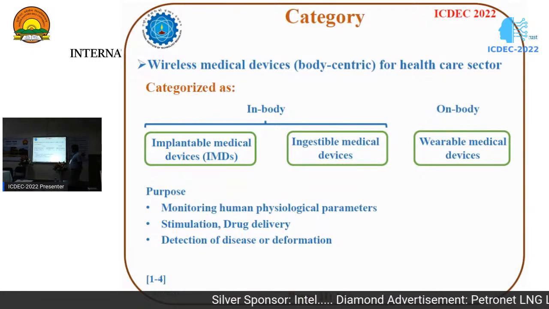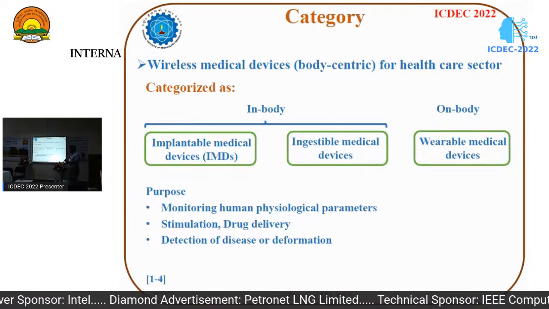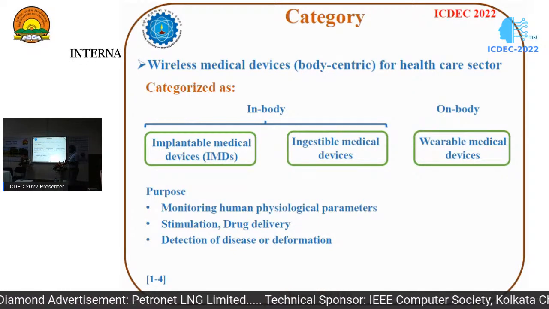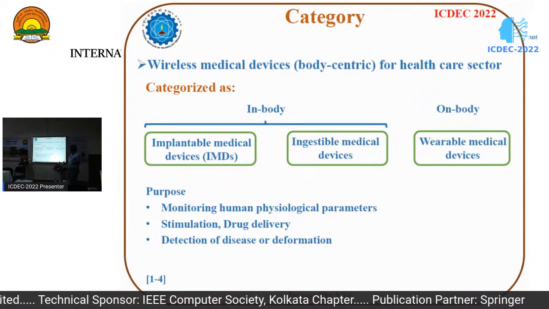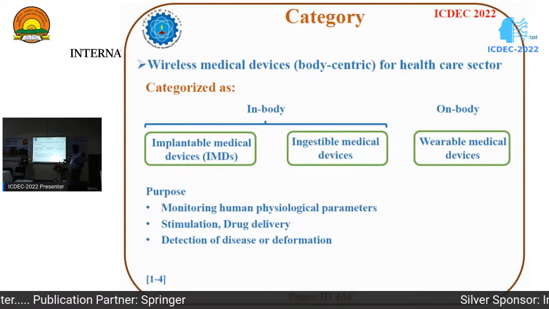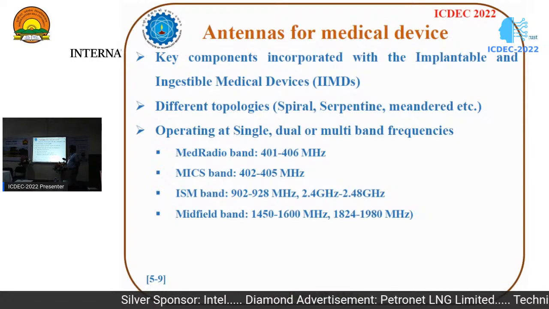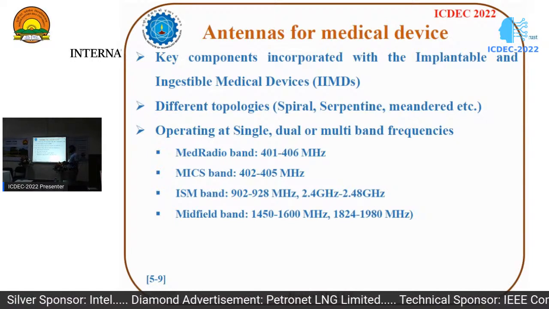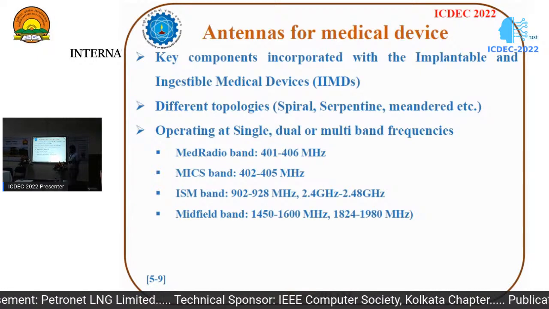What is the purpose of these devices? The purpose is to monitor or sense the physiological parameters of the human body, and that helps in therapeutic purposes or remedy. So these devices are influencing our day-to-day life. Now, why am I coming to the antenna? The wireless communication technology is also developing at a very rapid rate.